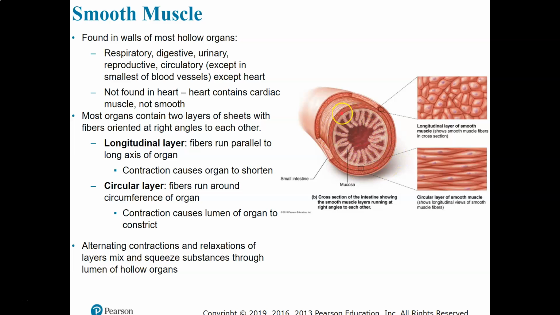The longitudinal layer, when it contracts, is going to shorten the organ, and then the circular layer, when it contracts, is going to close up the lumen. For example, in the intestines, a combination of these two layers is going to allow you to mix up the food and also force the food through the intestines and pass it through the digestive tract.